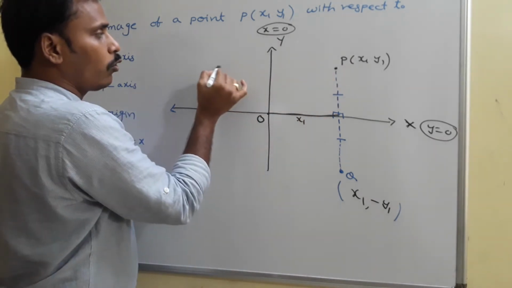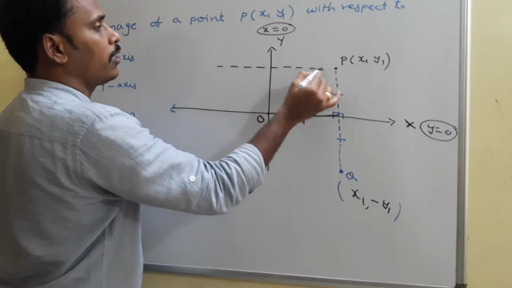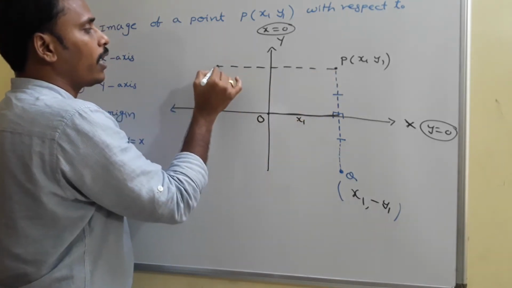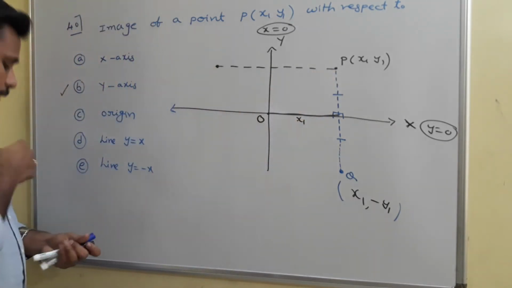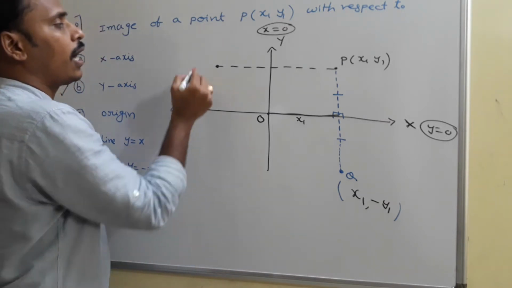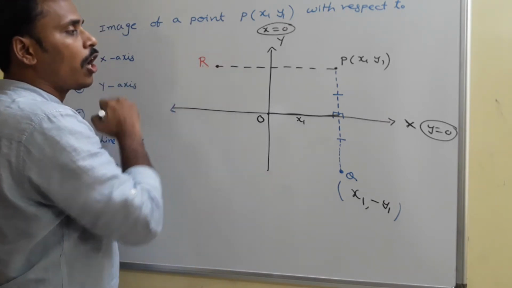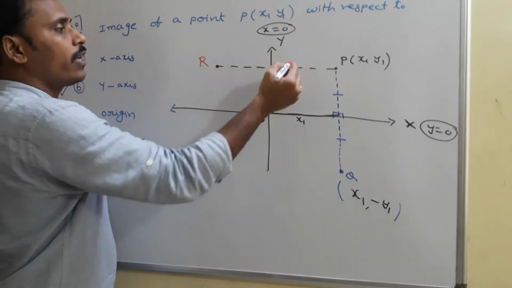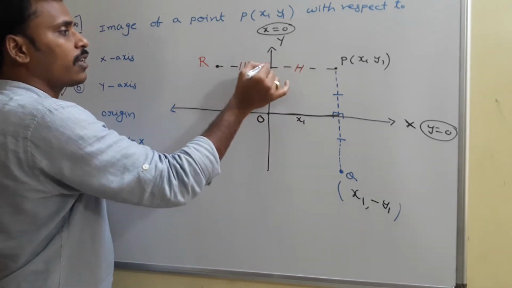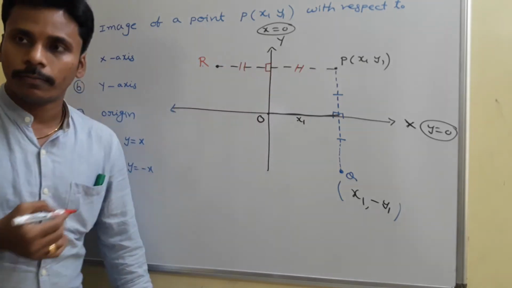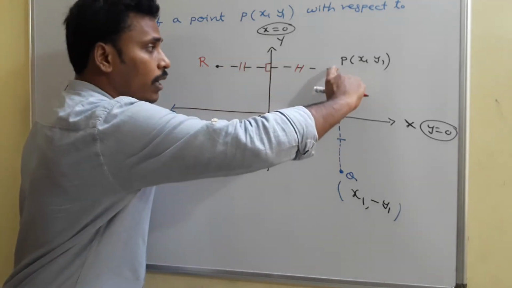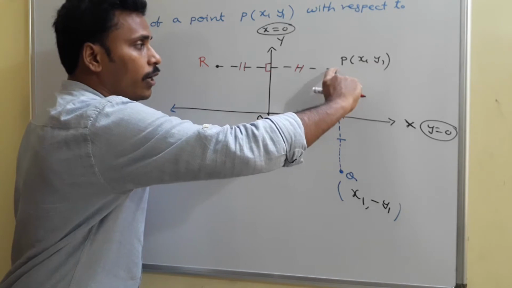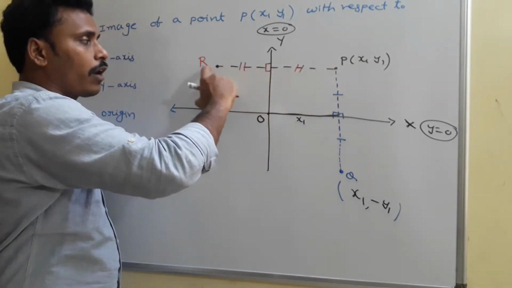In the same case, suppose we talk about the image with respect to the y-axis. This is the point Q, and for the image with respect to the y-axis, you need to locate another point here. Suppose we call the point R. Since this R is the image of the point P with respect to the y-axis, here again these two distances are the same, and here I have a perpendicular. Here, this vertical distance is its y coordinate y1, so the same thing carries over for R also.